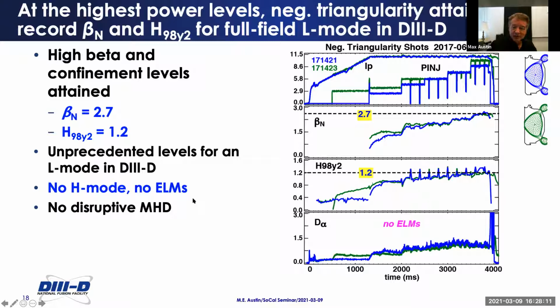And it's notable that when you ramp up the power, we didn't encounter any disruptive MHD. The plasma in blue was actually terminated by administrative limits because, even though we were inner wall limited, there was still concern about heating up the outer wall. And you can see that in the subsequent shot, we got that extended so it wasn't shut off early. Another comment to make here is that initially we set out to do this experiment as a pure transport experiment.